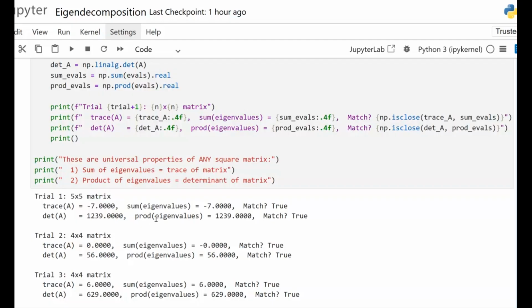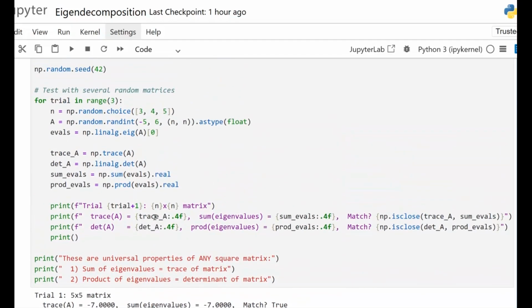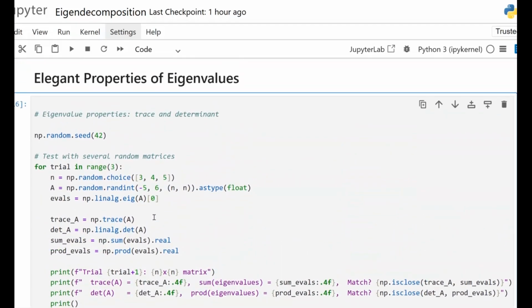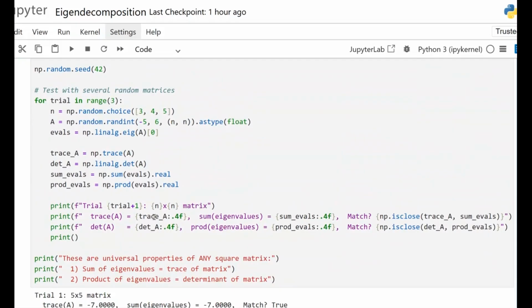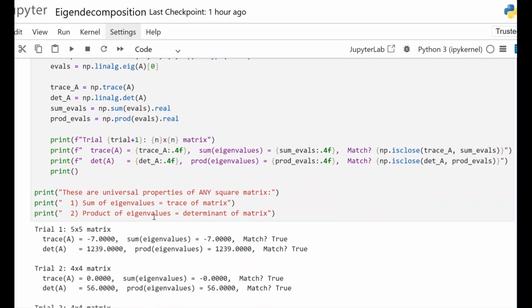The script confirms experimentally that the trace equals the sum of eigenvalues and the determinant equals the product of eigenvalues. These are not coincidences but structural invariants derived from the characteristic polynomial, and they remain valid across all square matrices regardless of symmetry or diagonalizability.